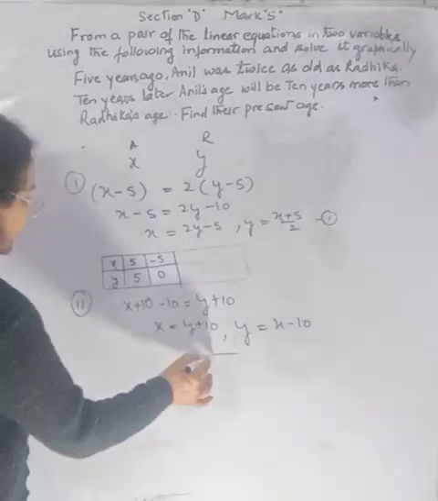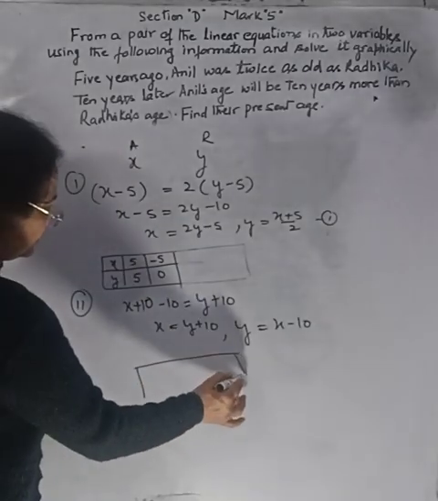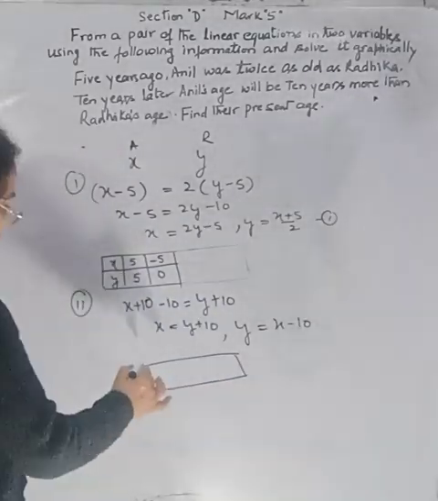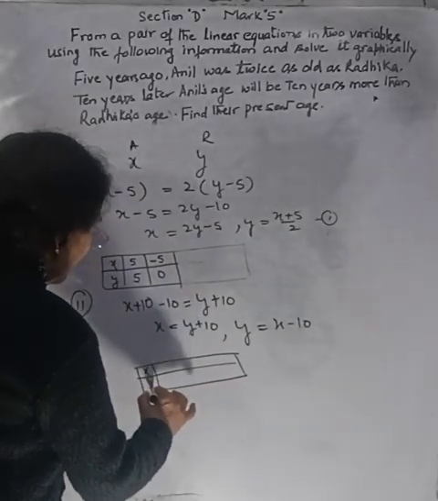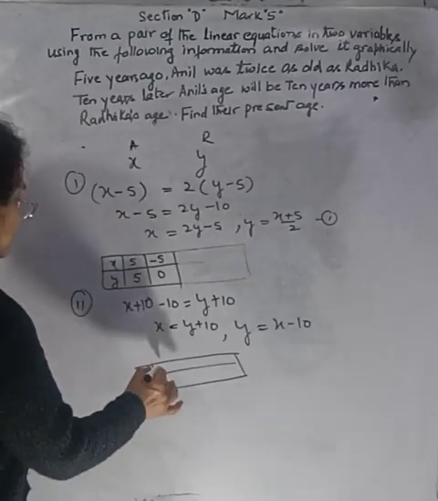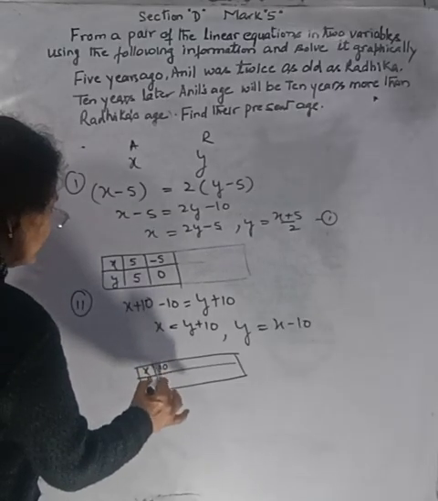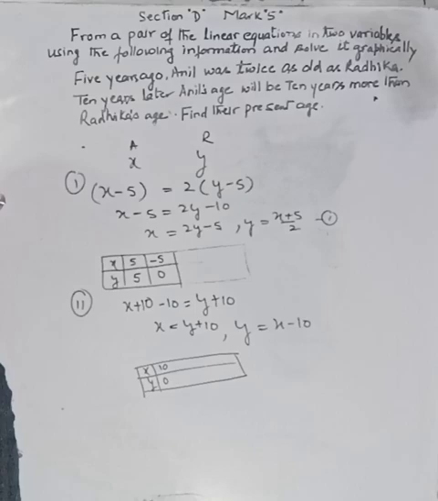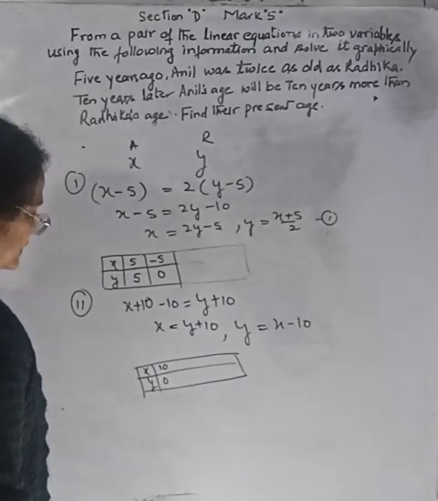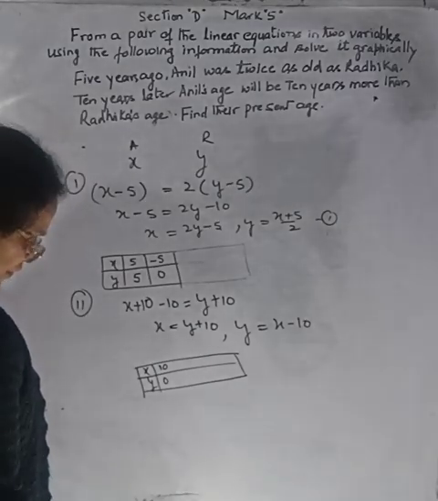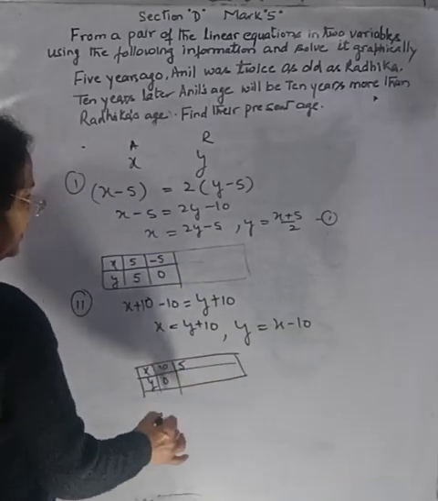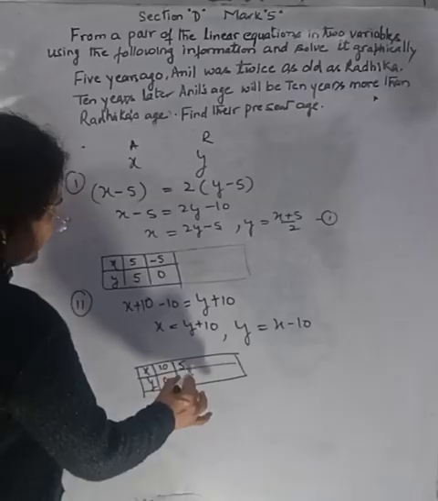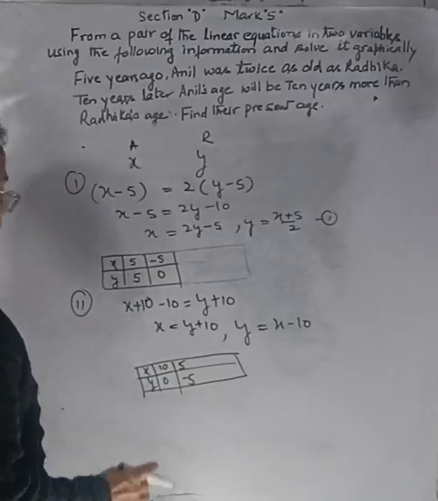Now we can draw another graph. Here we have to put the values of X and Y. Now if X is equal to 10, then Y is equal to 0. And if X is equal to 5, then Y is equal to minus 5.